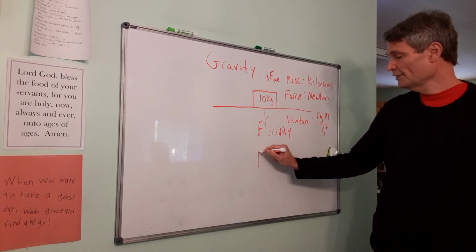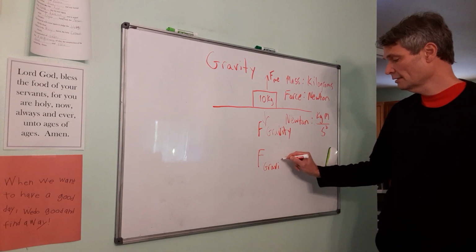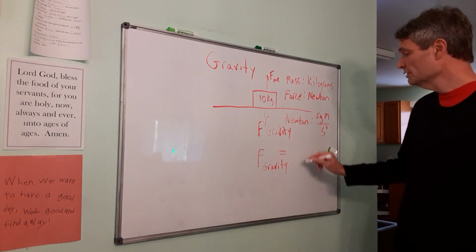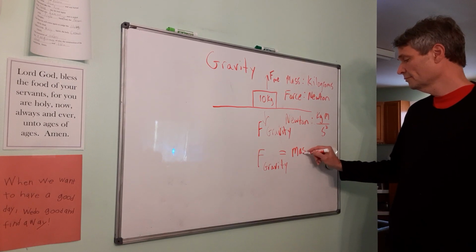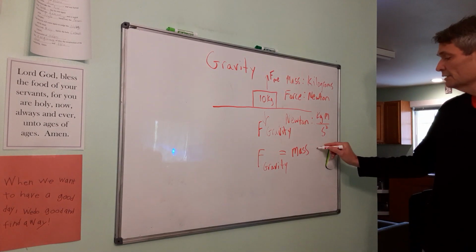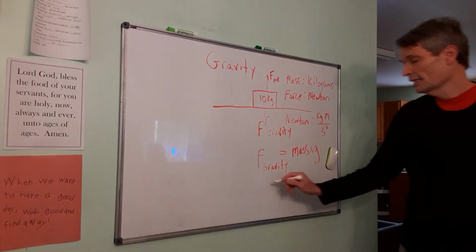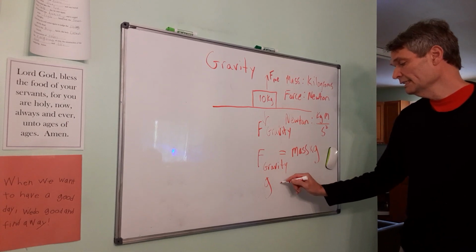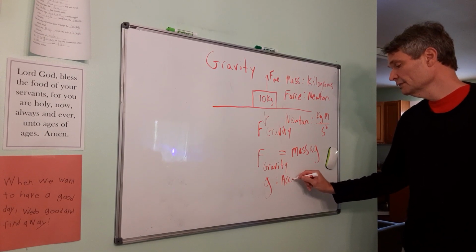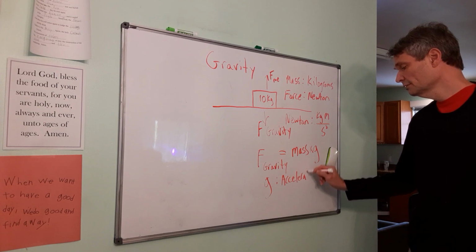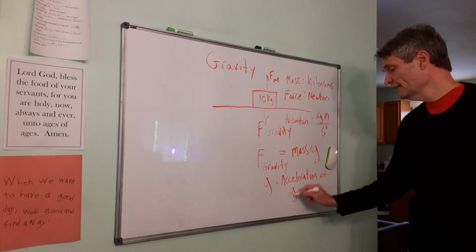So it turns out F gravity, FG, is equal to the mass of the object times what we call little g. And little g is the acceleration of gravity.